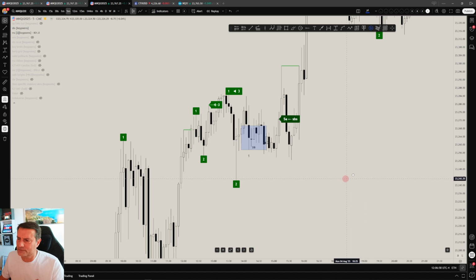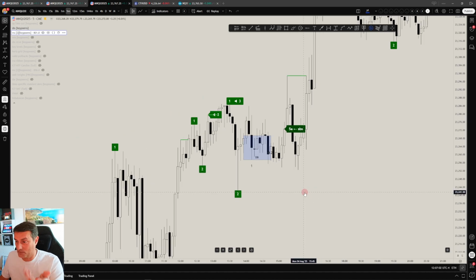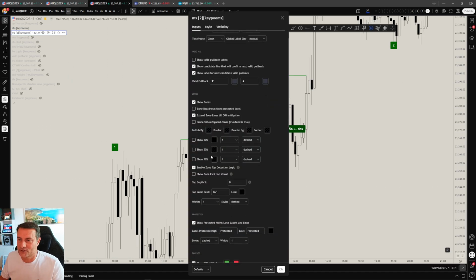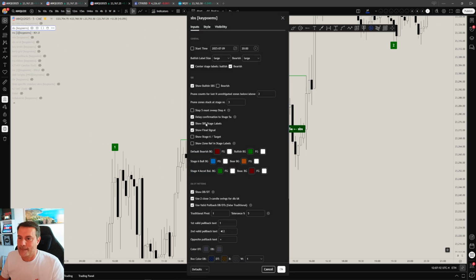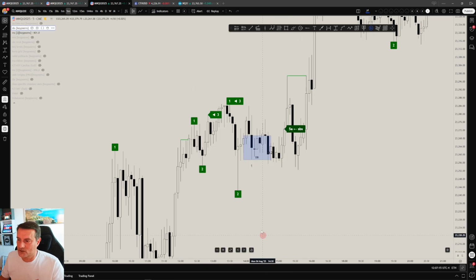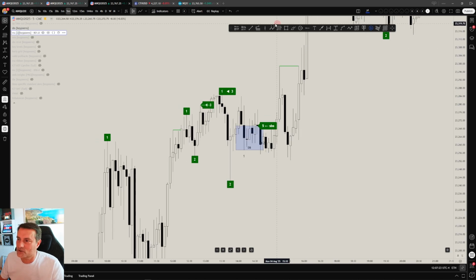This thing can count. For example, I shared this, I think, on Twitter the other day, because I've been using this to take trades myself. Let me remove the swing confirmation. I keep clicking wrong. Delay the confirmation to stage 5A. No, we don't want that. Okay, we want that one. All right, let's see if it matches our understanding of how the pattern should behave.